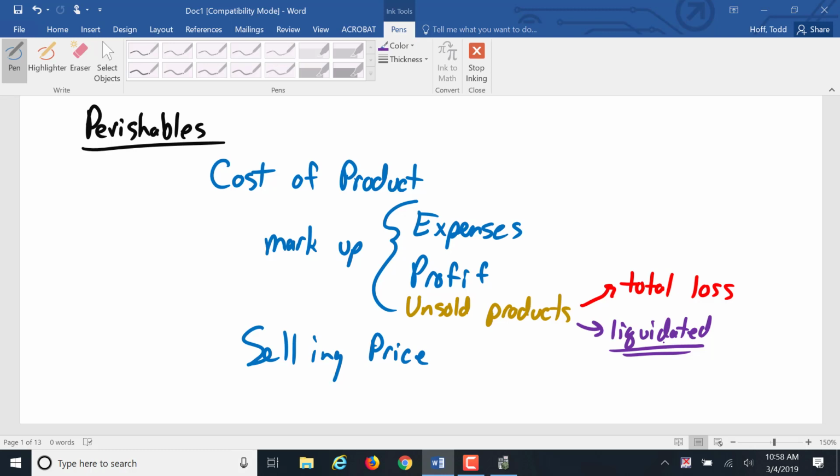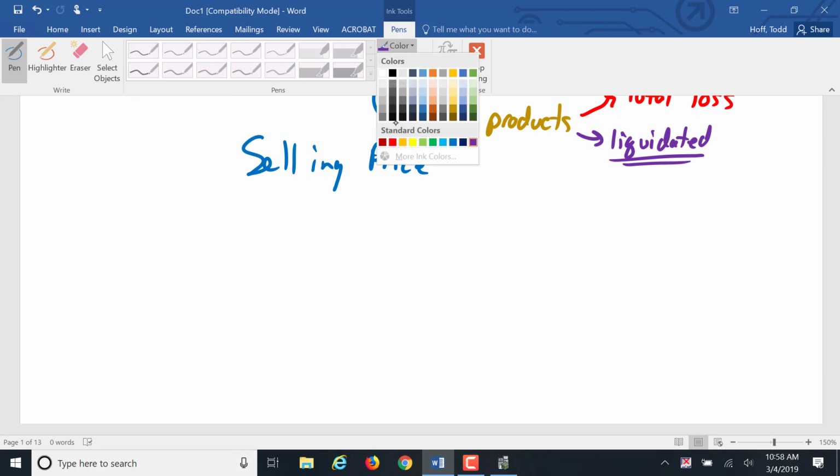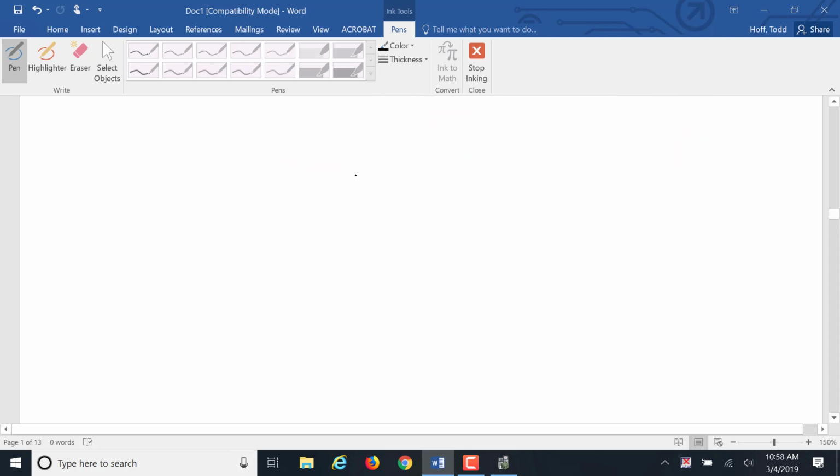Or for shirts that are out of style, they can be sold very cheap for people that just don't care about style or whatever and need a cheap piece of clothing to use. So let's take a look at an example where there is that liquidation, that recovery of some sort of cost for those perishables. So we're going to look at Alex's Bakery.